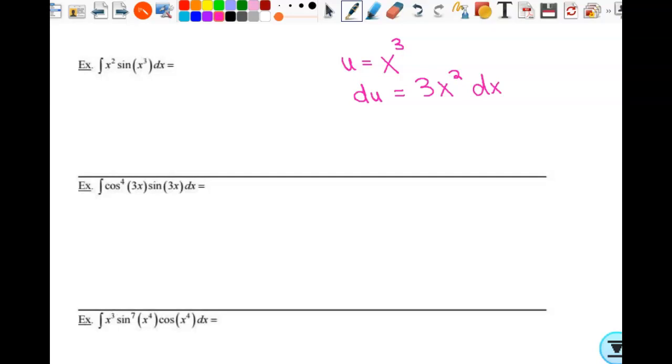In order to introduce du, we multiply by 3. If I multiply by 3, what else do I have to do? In the same step, divide by 3, multiply by 1/3. So really we're just multiplying by 1. The 3x squared dx is going to disappear because it becomes that du. So we have 1/3 integral sine of u du.